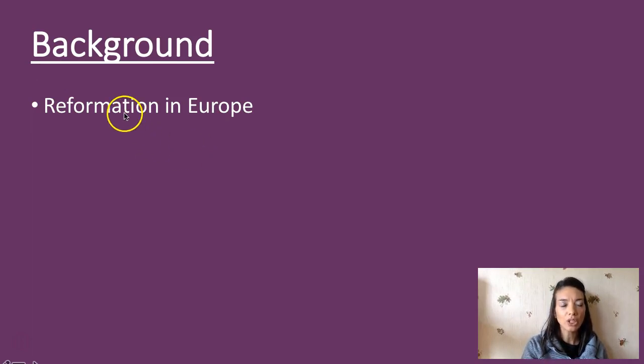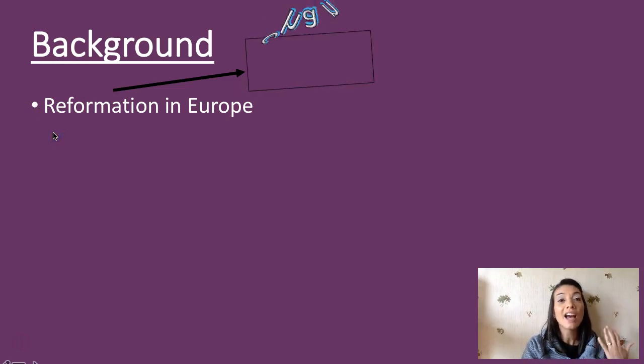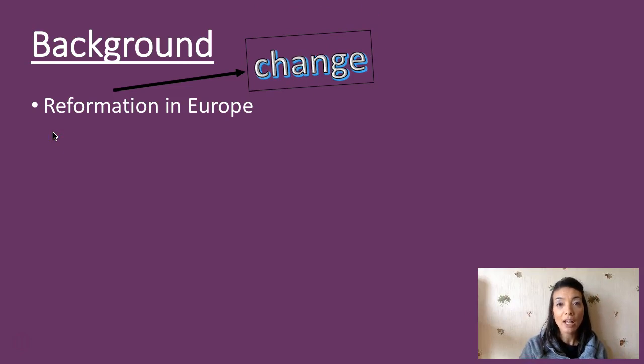When we look at the word Reformation, we can see that there is a shorter word in here that might be easier to understand, and that word is reform. Now, reform really means change, okay? So there were these big changes happening within religion, in the churches of Europe.